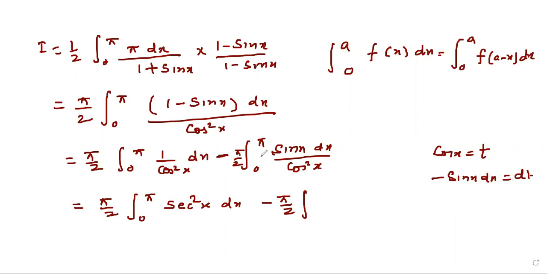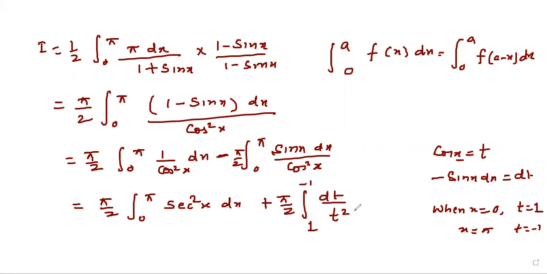Here there is a minus sign and sin x dx, so we can write plus dt divided by t square. And we can change the limits also. When x equals 0, then cos 0 gives t equal to 1. When x equals pi, the upper limit, then cos pi is minus 1 and t equals minus 1.